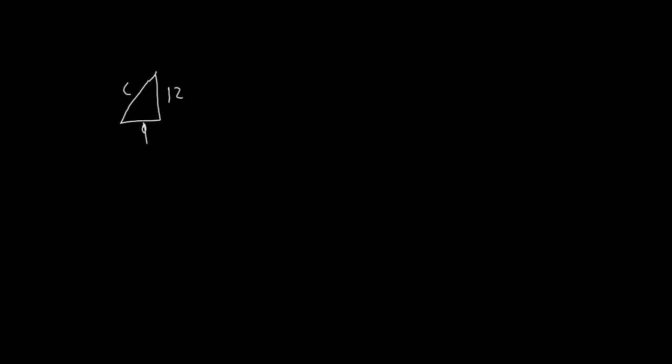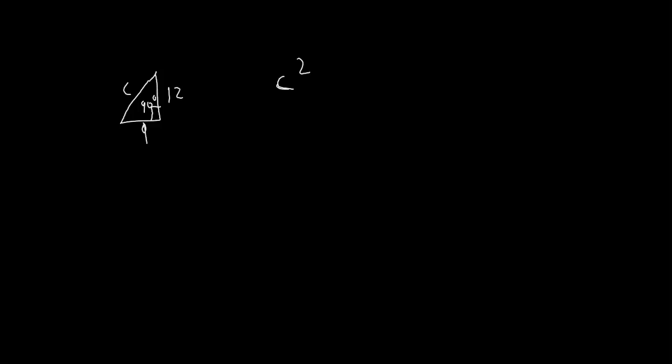Now, how do you solve for C? Well, this may look kind of tedious, but if you just plug it into the equation, it's not too hard. So, c squared, remember, and I'm already telling you that this is a right triangle. Okay, let's put 90 degrees here to make it a right triangle.